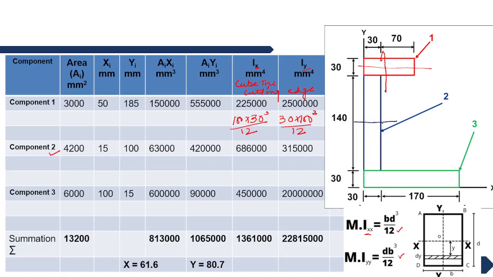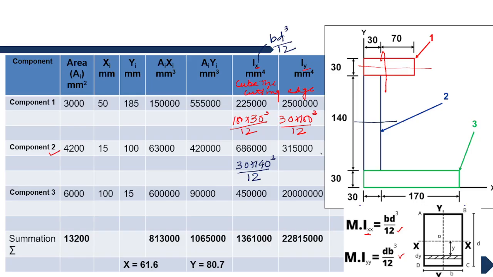It is cutting this 140 mm edge, so we'll cube 140 in this case, and the other side, which is 30, will be this. You don't need to remember anything beyond bd cube by 12 and that trick. This will help you find the moment of inertia about the centroidal axis of any rectangular section.